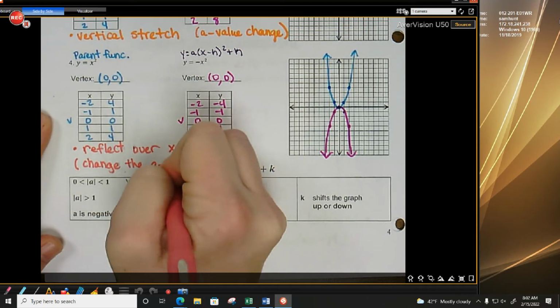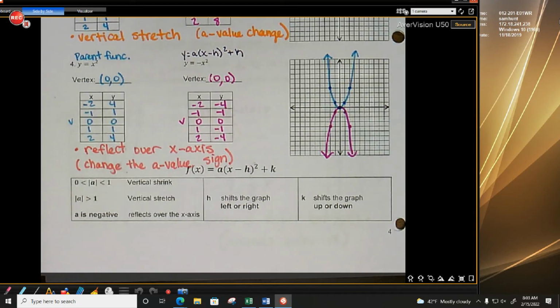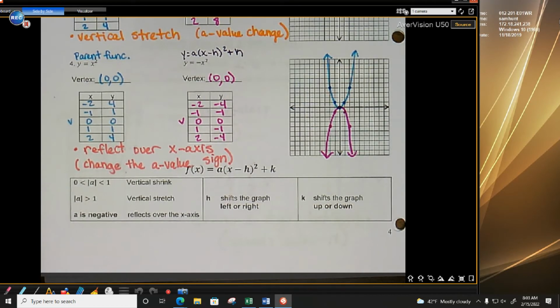The a value affects its width. The sign affects its reflection. So a affects it two different ways. The sign, whether it's positive or negative, can reflect it. The value, the number, affects its width. Vertically stretch, vertically compress.